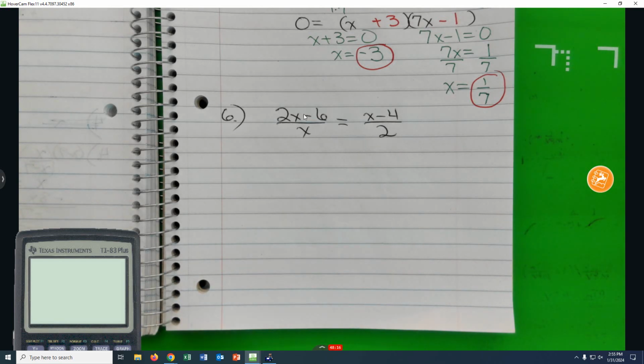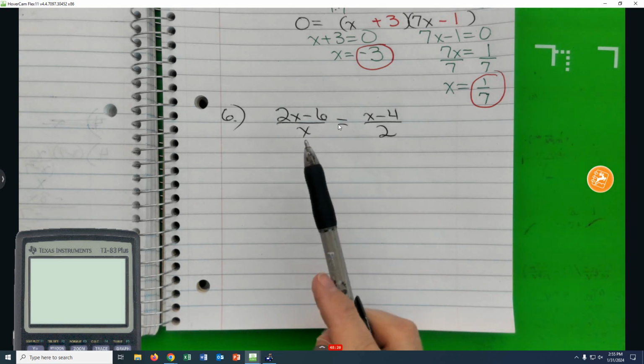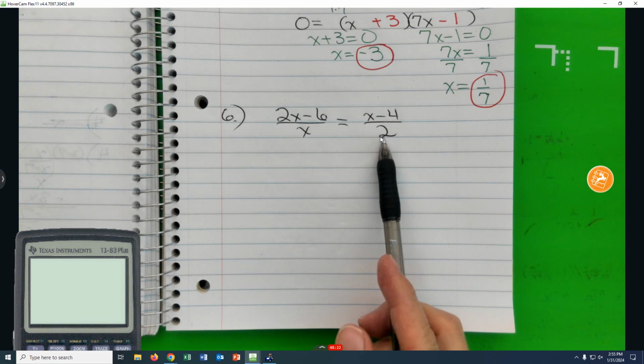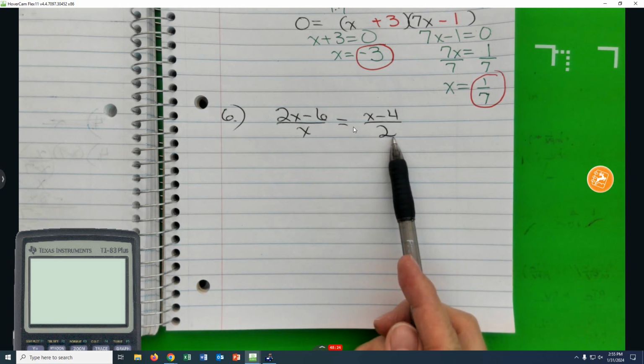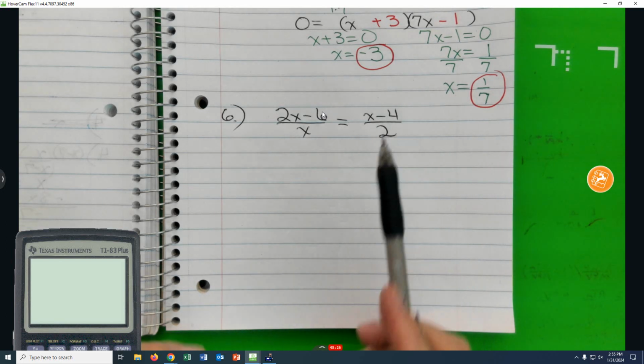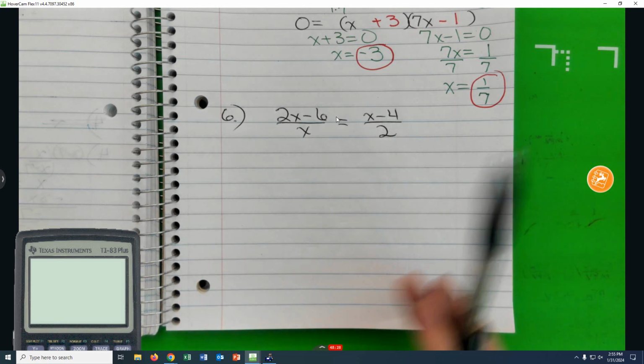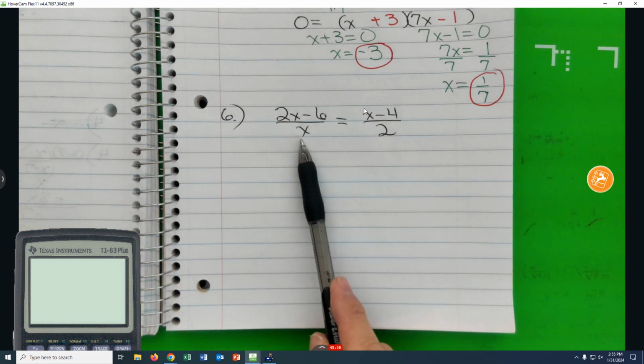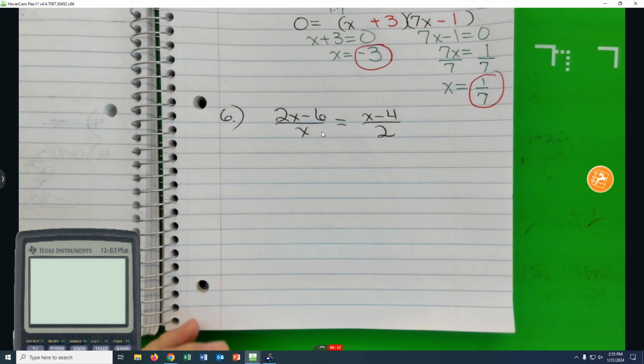I want to remind you all of something else that you would have seen when working with fractions. If you have a fraction equals a fraction, that's called a proportion. And there's a method of solving proportions. This method only works when you have a fraction equals a fraction. Does anyone remember the method that I'm referring to?